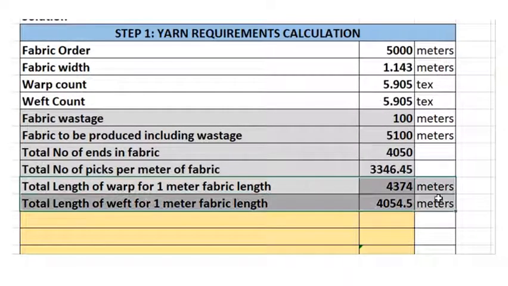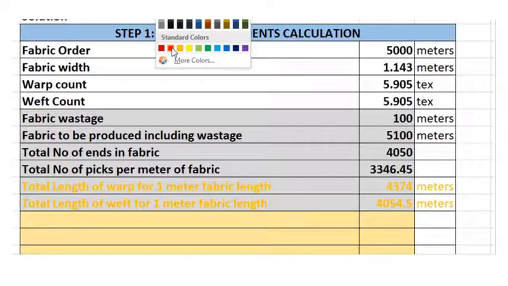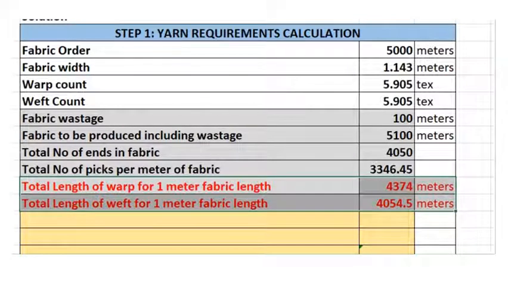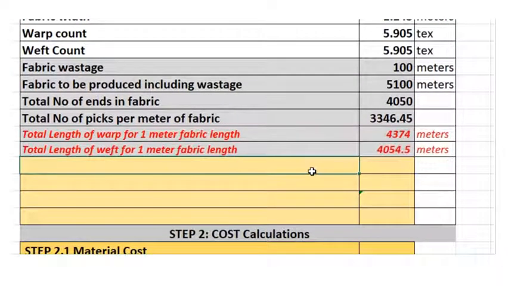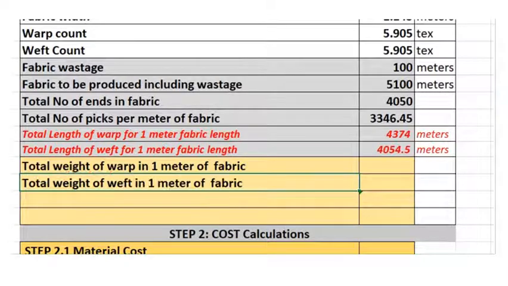So we have now found the two important values, the length of warp and length of weft. So easily using the count, we can calculate the total weight of warp in 1 meter of fabric and total weight of weft in 1 meter of fabric. This is done already in the GSM calculations.